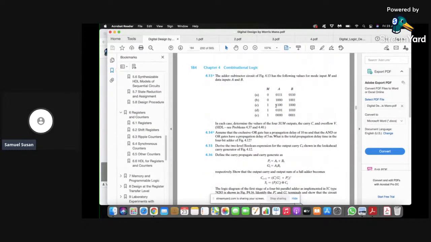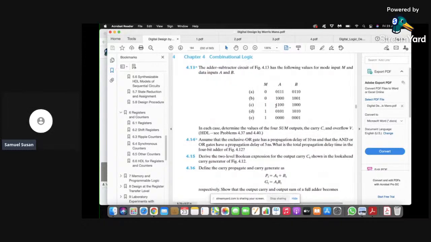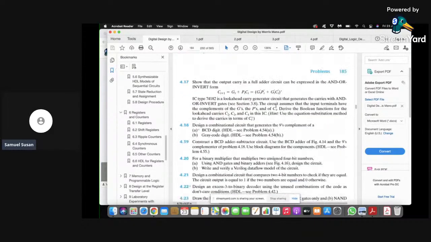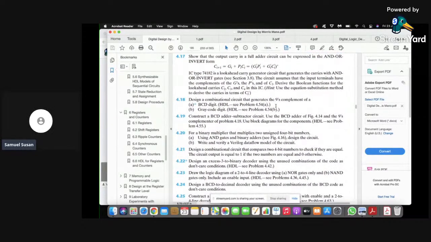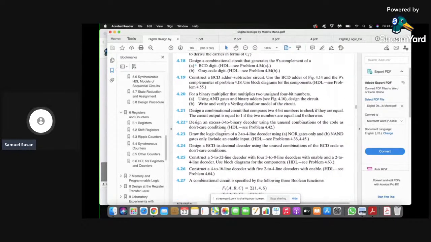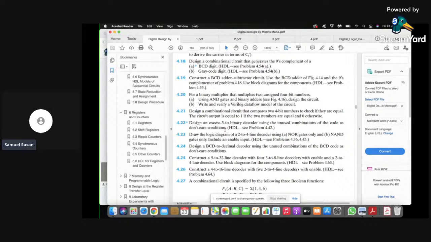You can zoom it a bit, make it full screen, as it is actually blurred. Maybe those who have the textbook can follow that. Mostly exercise problems are very important from the fourth chapter.